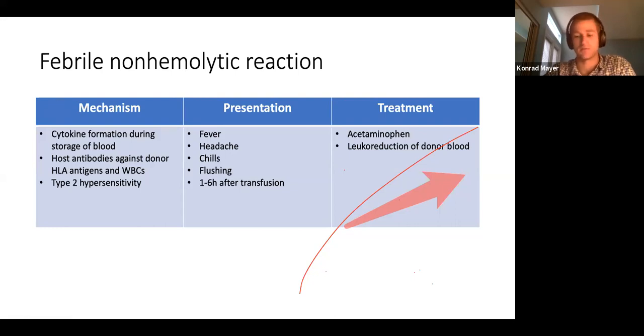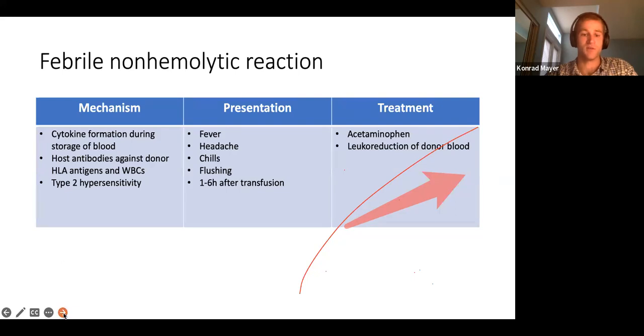If somebody is receiving blood products during an operation and they present with a fever 5 hours after the operation or later in the day, it is important to know that this could be the cause, especially if the patient is not showing any other signs of other fever origins. So it is, in a way, a diagnosis of exclusion.